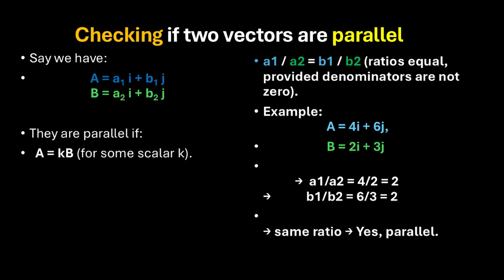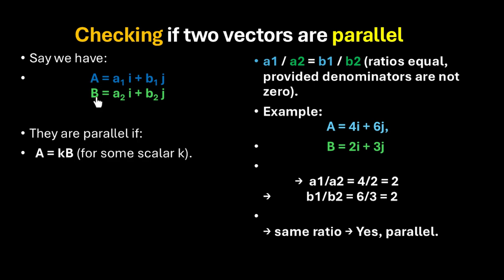Now, if we get a question in the upcoming JEE Mains which asks you to check if two vectors are parallel, or maybe a statement-based question like that: A is equal to a1 i plus b1 j, B is equal to a2 i plus b2 j.